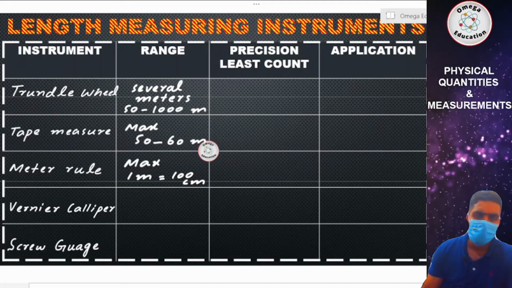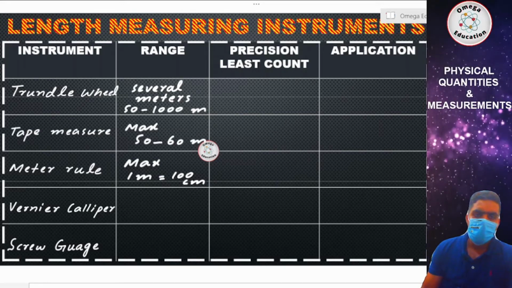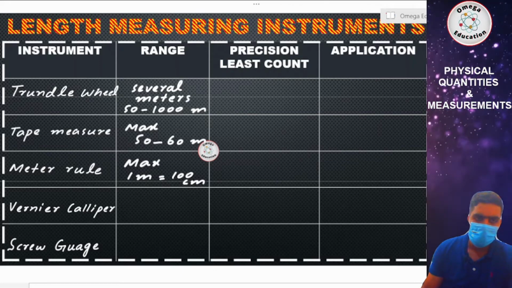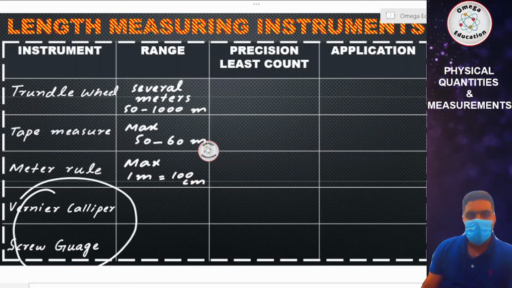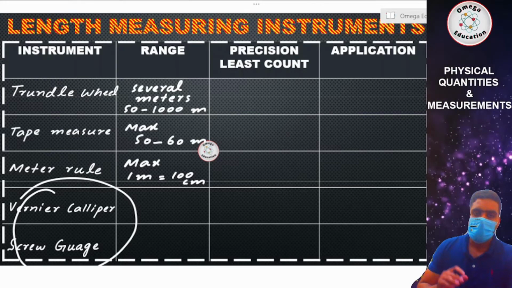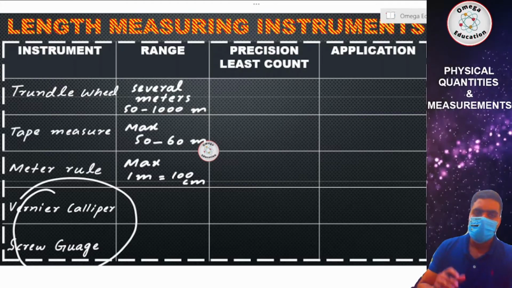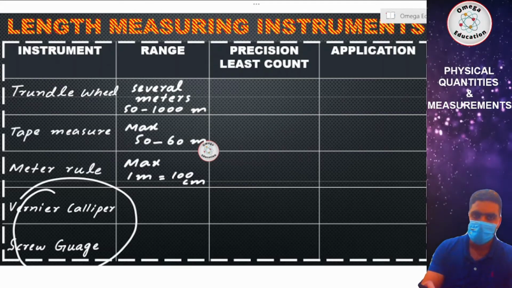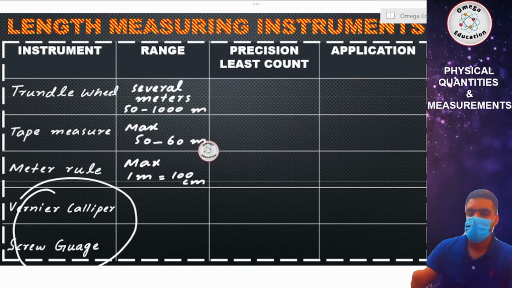Then we have calipers and the screw gauge. For these two instruments, range is not really important. We don't worry about the range because their sole purpose is precision, to measure accurately to a lot of decimal places.